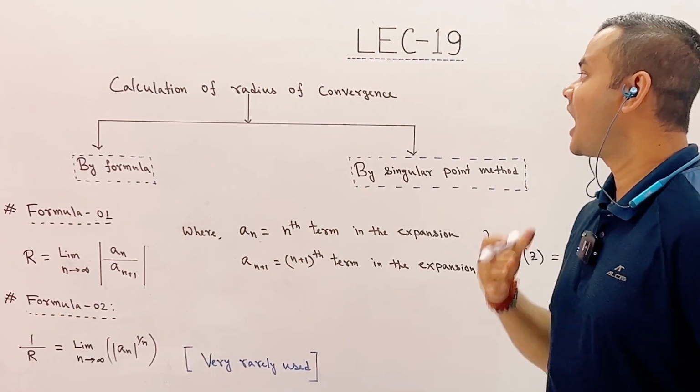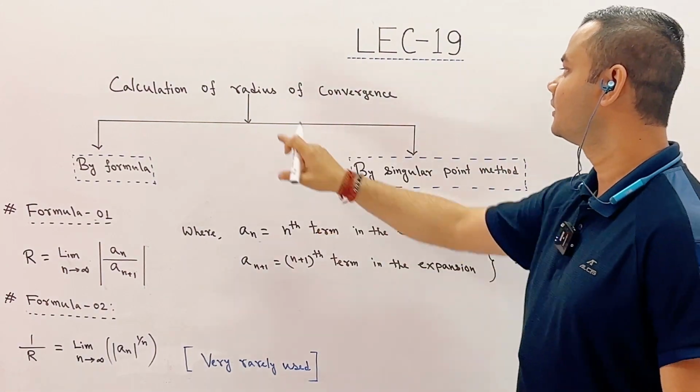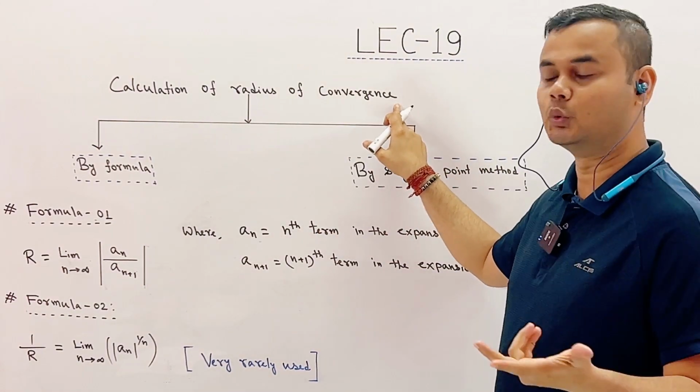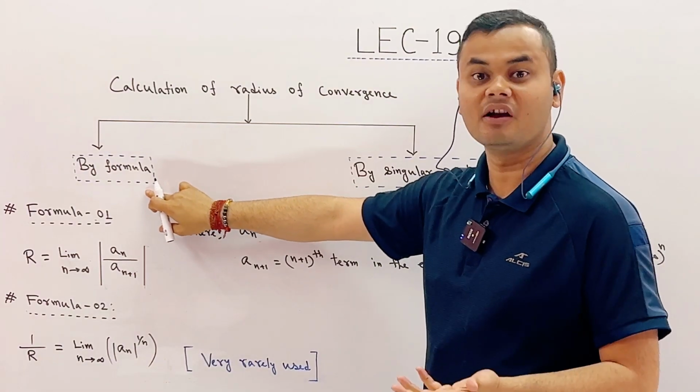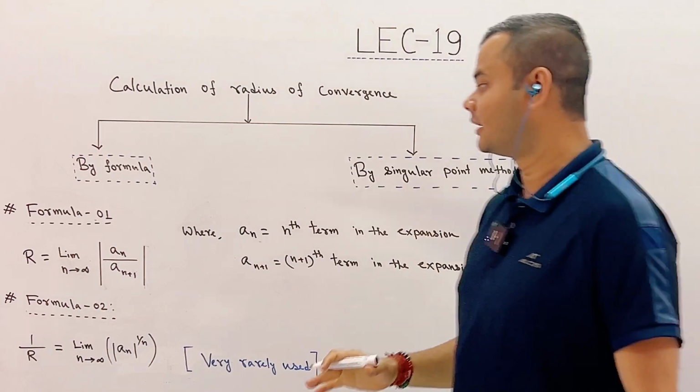Now let us learn how to calculate the radius of convergence. Students, we can calculate the radius of convergence by two methods. First one is by using formula, and second one is by singular point method. Formula number 1.